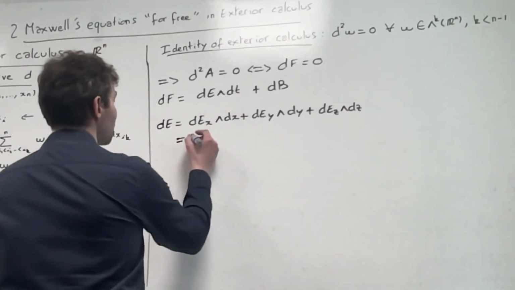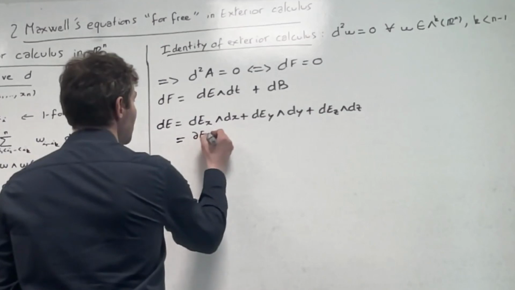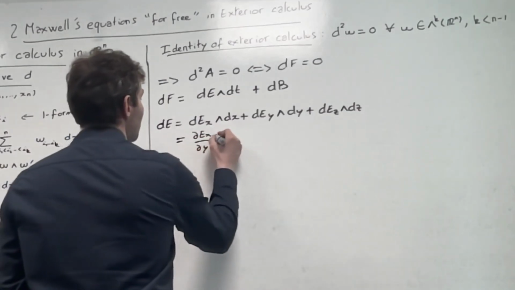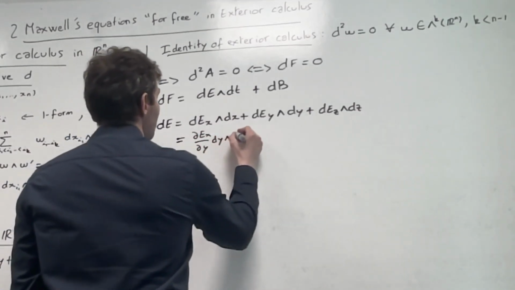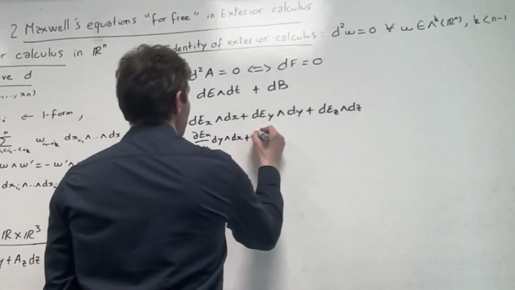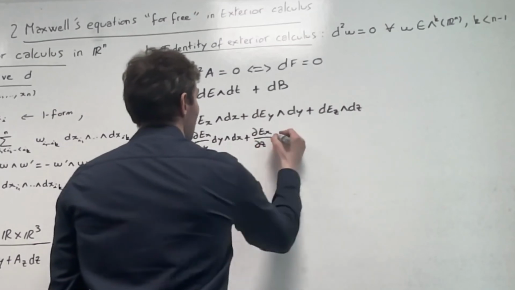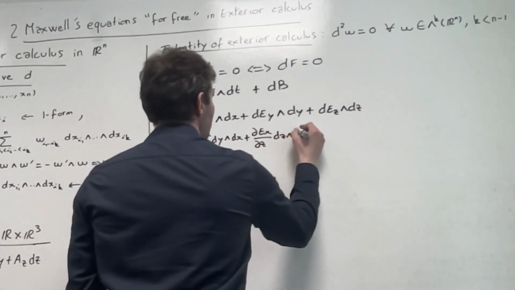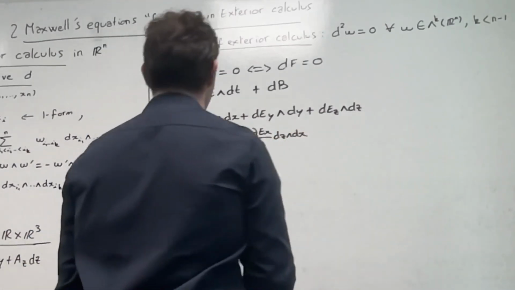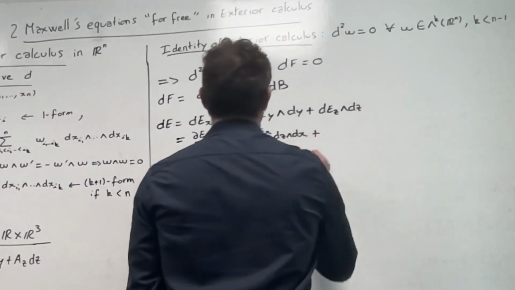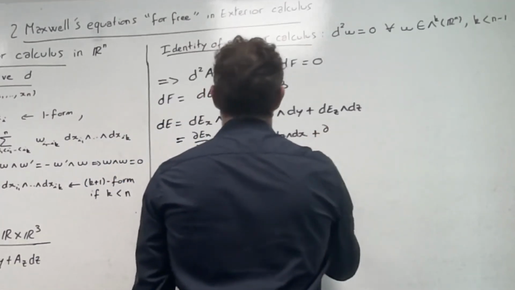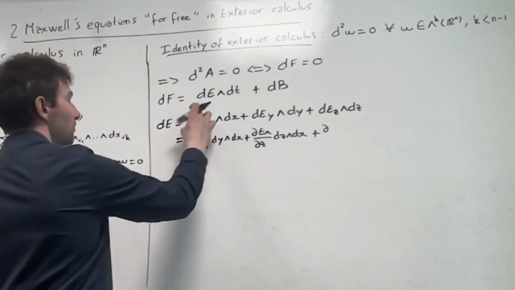And so then what we are going to get is the following. So dEx/dy dy wedge dx plus dEx/dz dz wedge dx. And then plus, here, this is simply the first term.